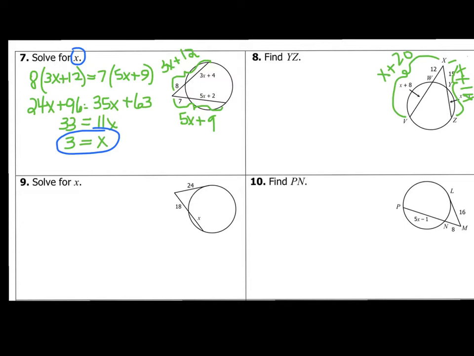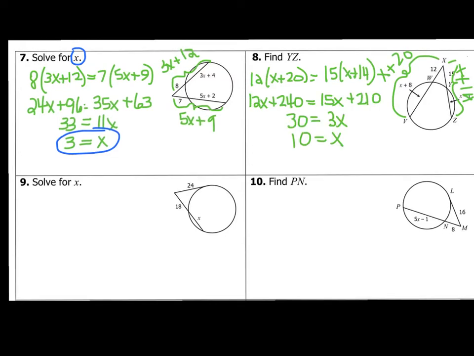So I'm going to do A times A plus B equals C times C plus D. I'm going to pause and do the algebra. Now I've gotten that x equals 10, but it asks me to find YZ. YZ is this little piece right here. So I know that YZ is x minus 1, so YZ is going to be 9.